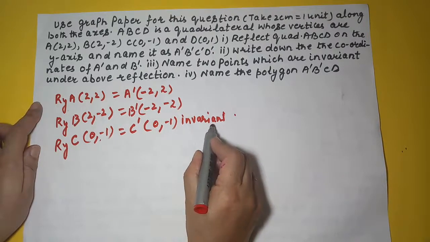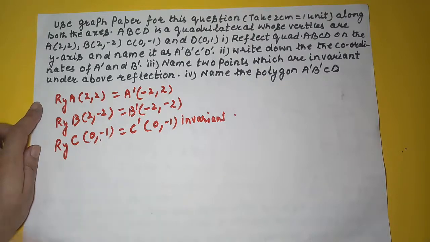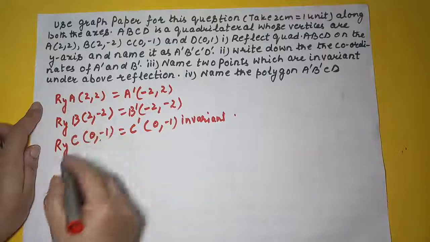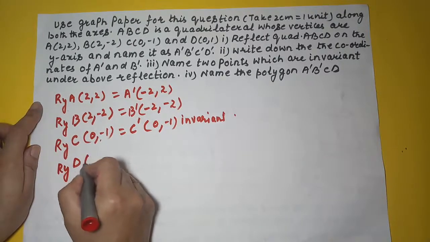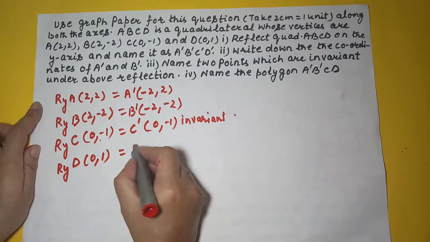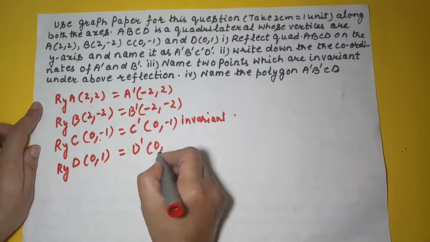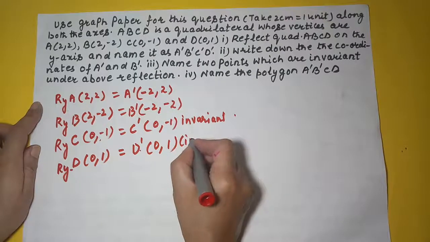It may not remain invariant when you are reflecting it along x-axis or along origin. Then reflection of point D, which is 0 and 1, will be again same, D dash 0 and 1, right? Because no change, it's invariant.